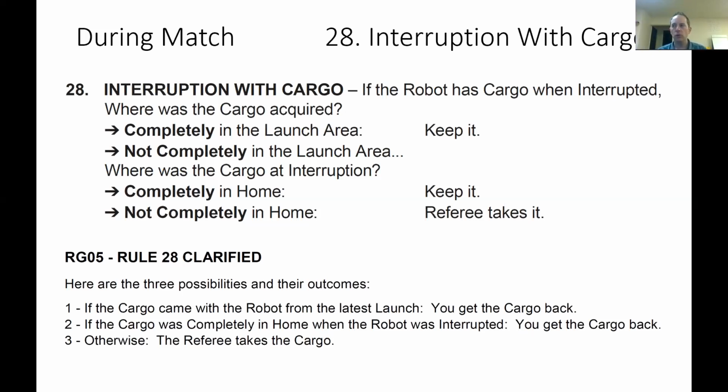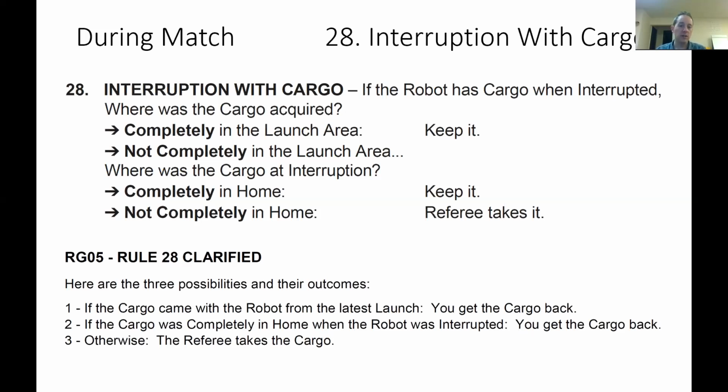The rules here are, and RG05 is actually an easier way of understanding: if you have to interrupt the robot out on the table because it went the wrong way, and say it's carrying the bat, if the cargo came with the robot from the latest launch, so if the bat was with the robot when you launched it, you get the cargo back.